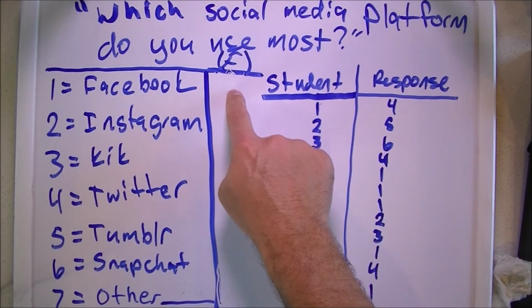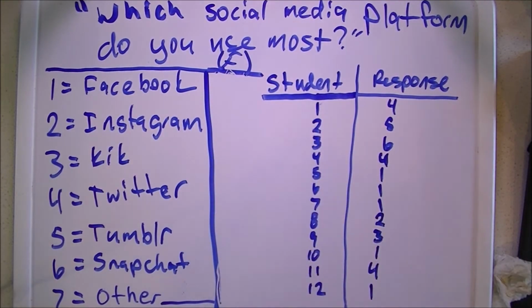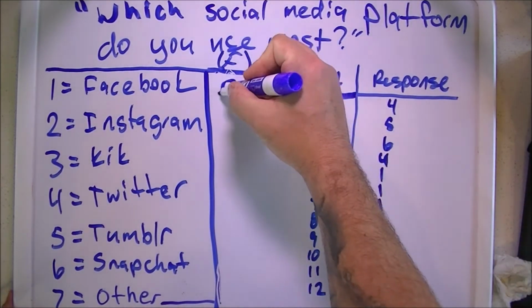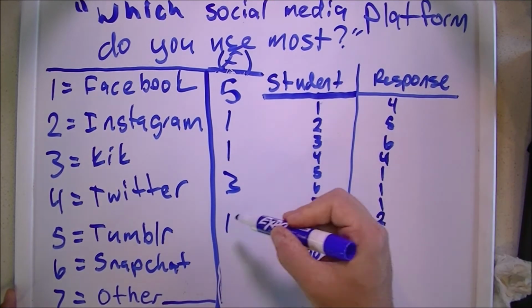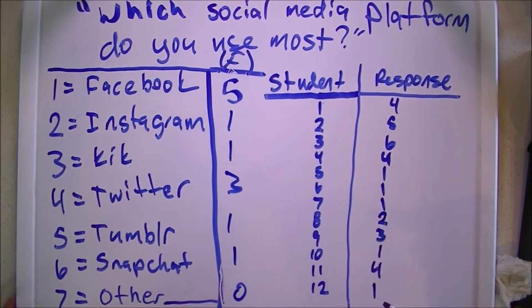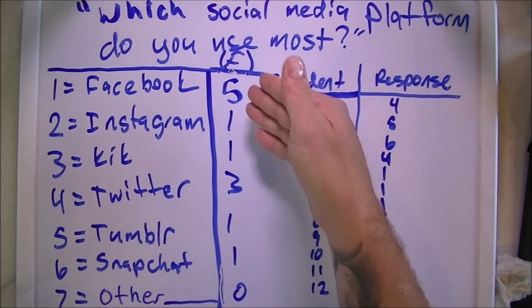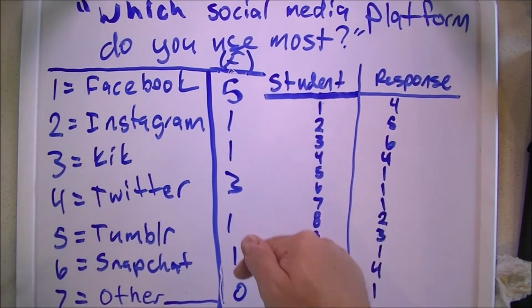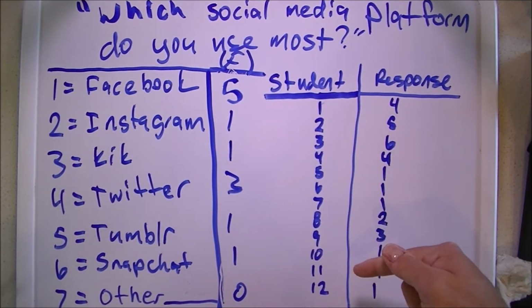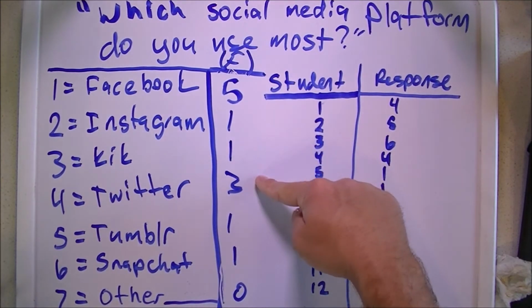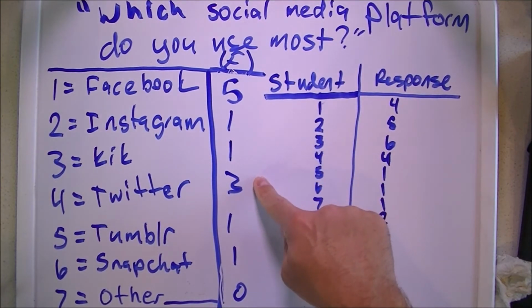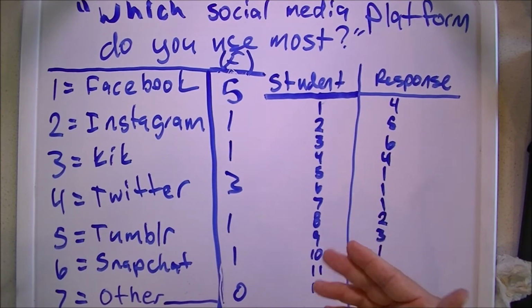The frequency is the number of responses for each category. The frequencies should add up to 12 since our sample size is 12. So 5 plus 1 plus 1 is 7, plus 3 is 10, 11, 12. That equals 12, so we know that we added everything up correctly.